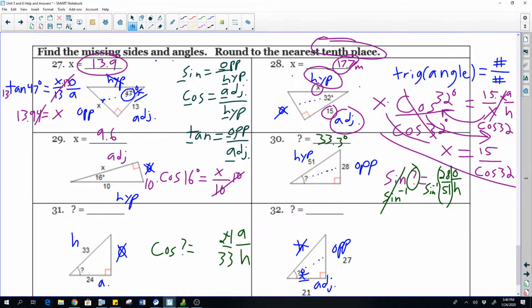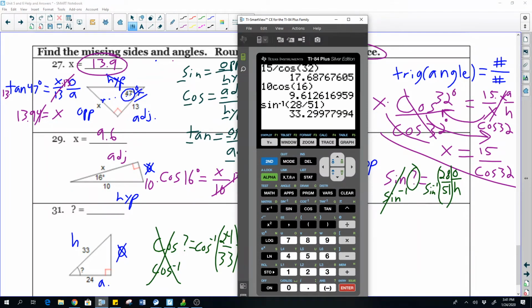Now we'll inverse cosine both sides to solve for the question mark. When we inverse one side, we have to inverse the other side. So we do the inverse cosine of 24 over 33. Inverse cosine of 24 divided by 33.